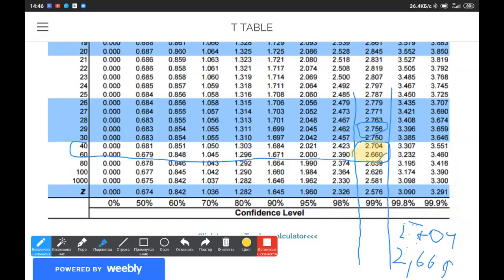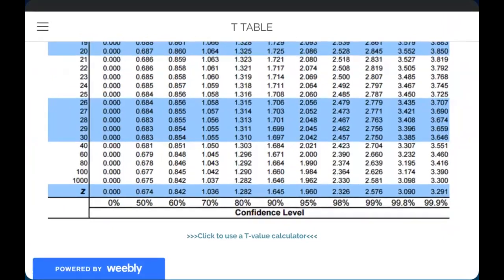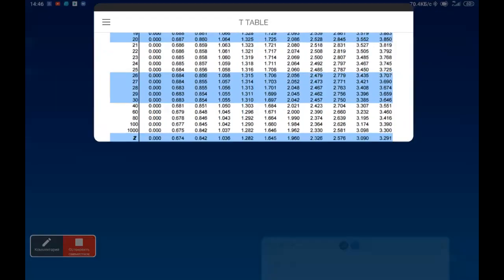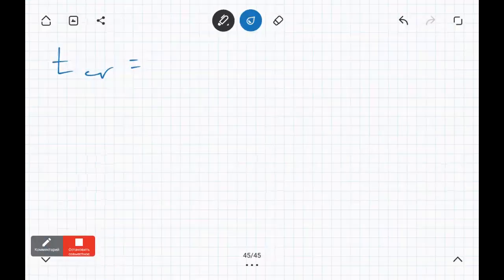So those two values are here for 40 and 60. So 2.704 and 2.660. Now I can just go back. 2.704. What's wrong with it?